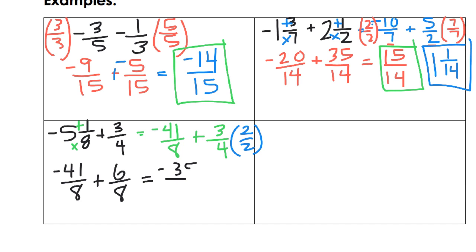And then on the top I'm going to get negative 41 plus 6 is negative 35. And I can leave it as an improper fraction, or I can change it back into a mixed number and say 8 goes into 35 4 times, so I'm going to put a negative 4 in the front, and then 8 times 4 is 32, 35 minus 32 is 3, so there's going to be 3/8 left over.